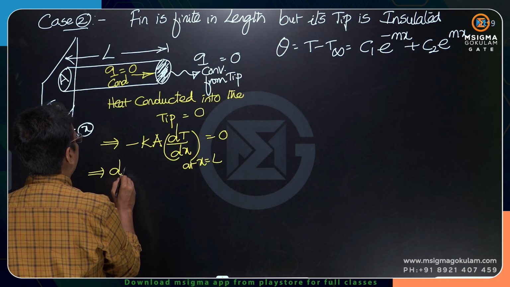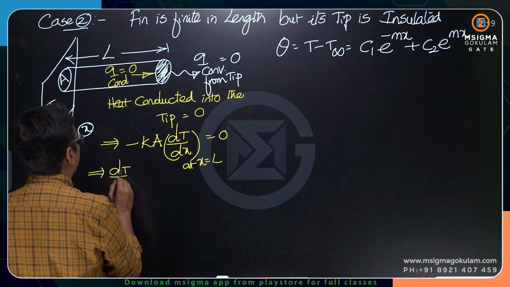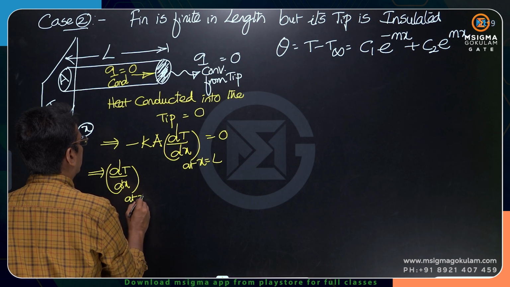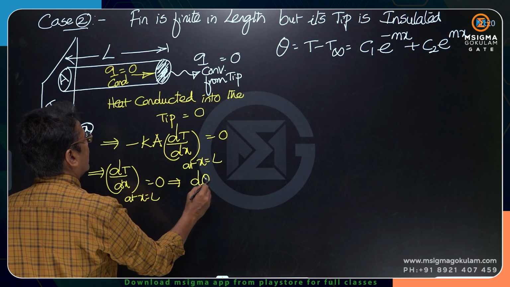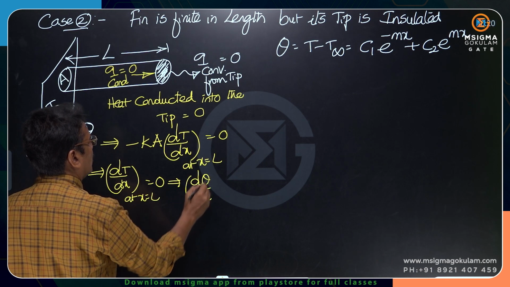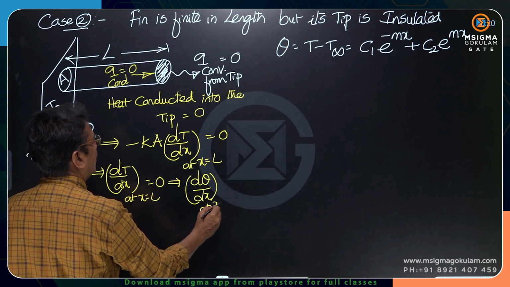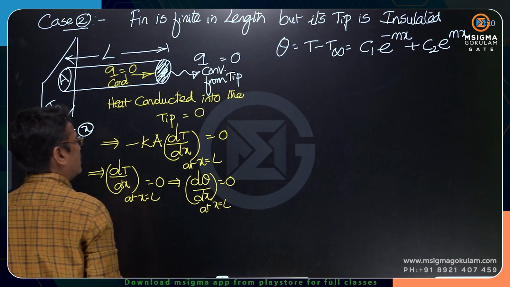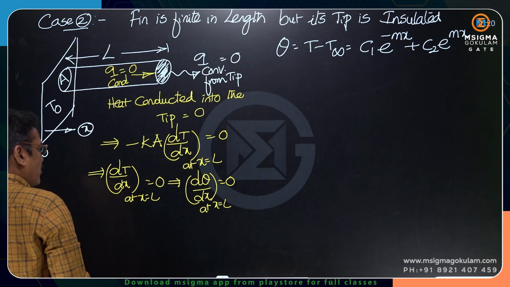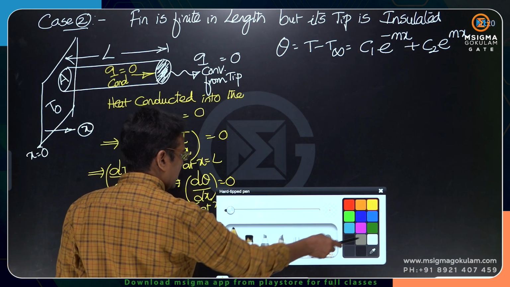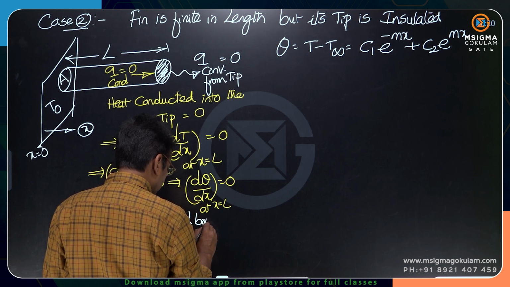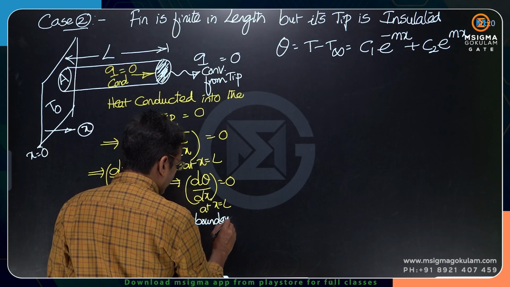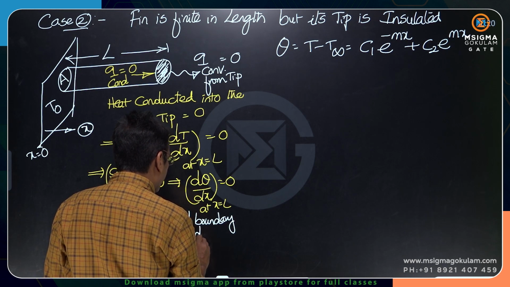Therefore, dT by dx at x is equal to L is equal to 0, which implies d theta by dx at x is equal to L also will be equal to 0. So, this is the second boundary condition for obtaining C1, C2.